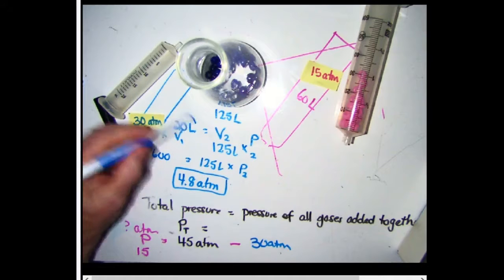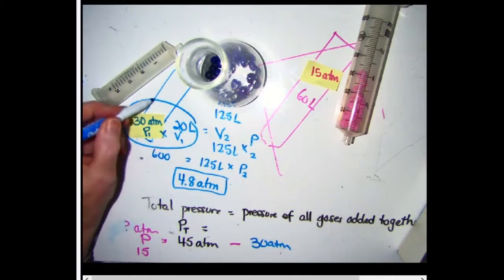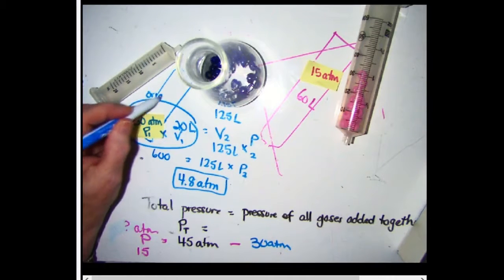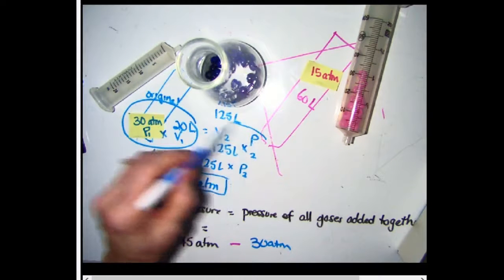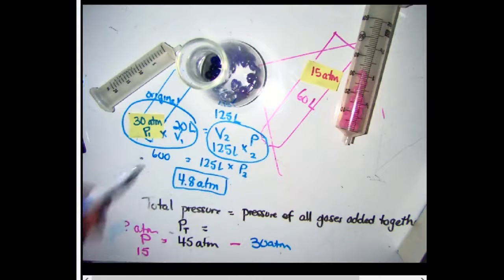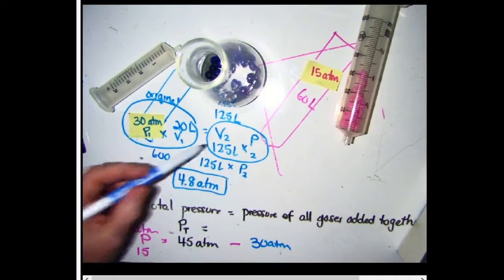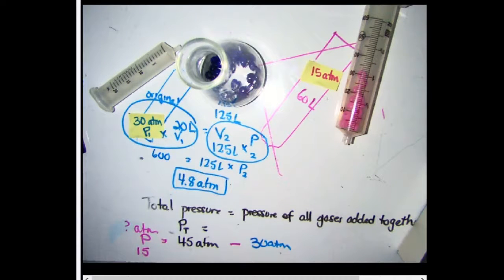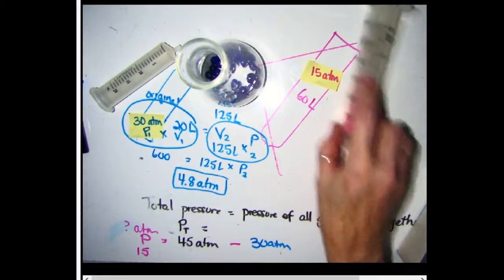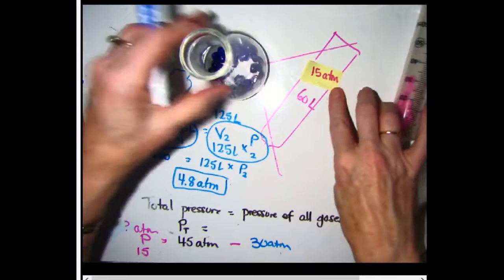This is the original, and this is the new side. So P1 V1 equals P2 V2. Right? So we have to do the same thing for the pink gas.